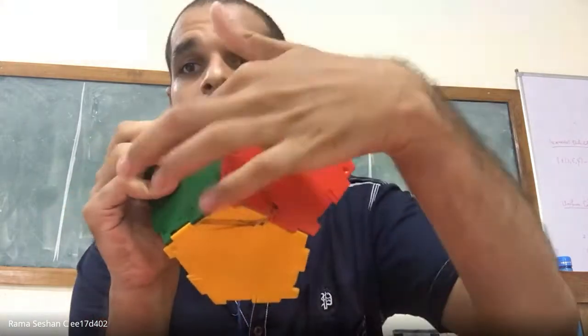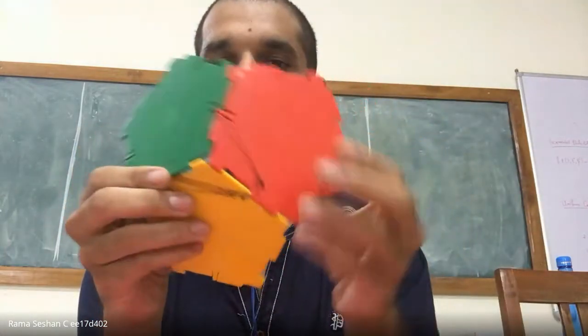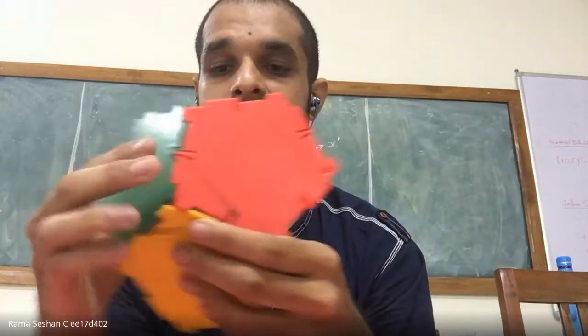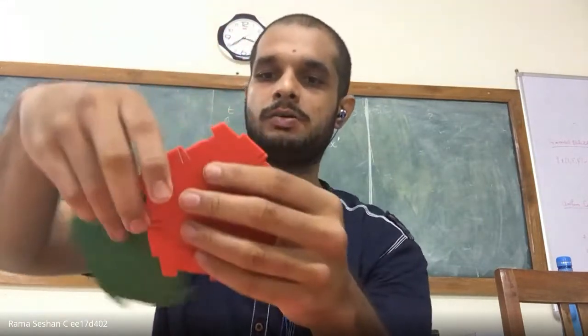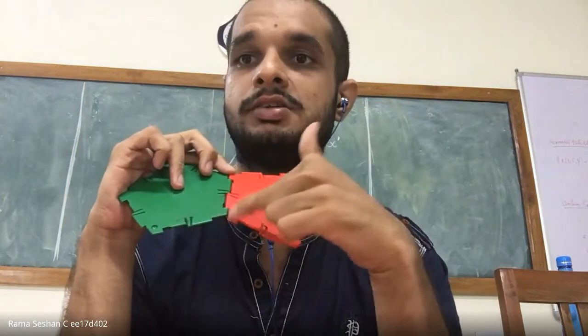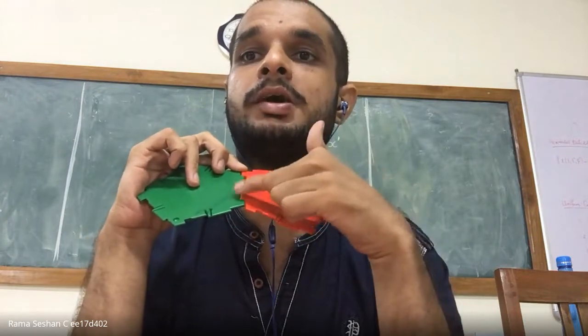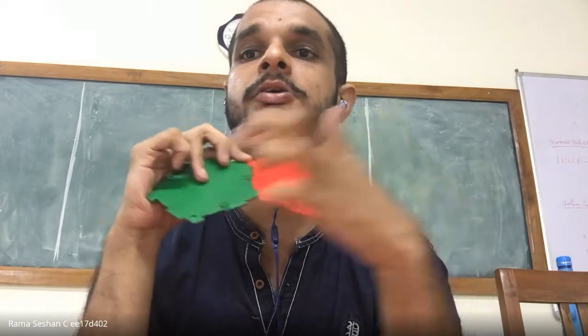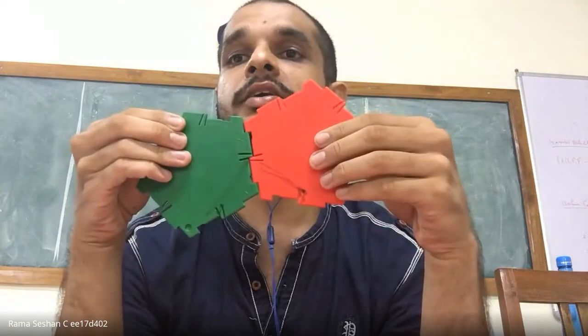If you take the yellow, red and green alone, you can unbend it and imagine this to be a plane. If I take away the yellow, then I'll have two sides of this triangle in the red and green region, and you measure this angle. Then you measure the angle in the red-yellow region.